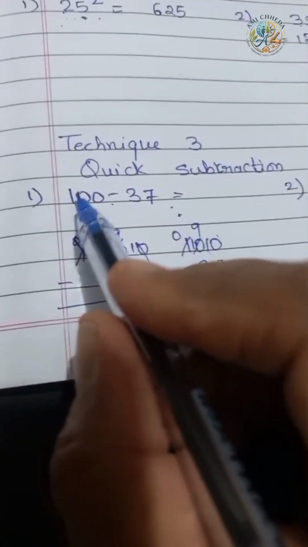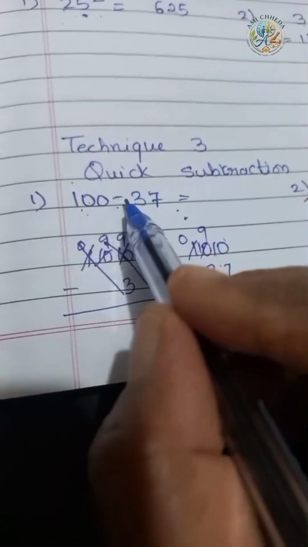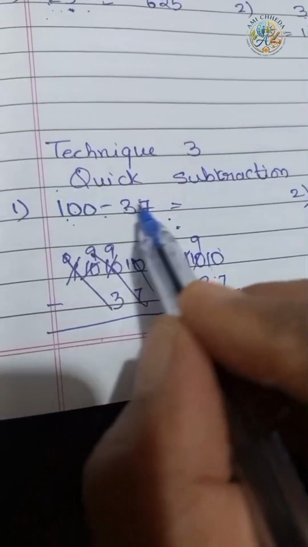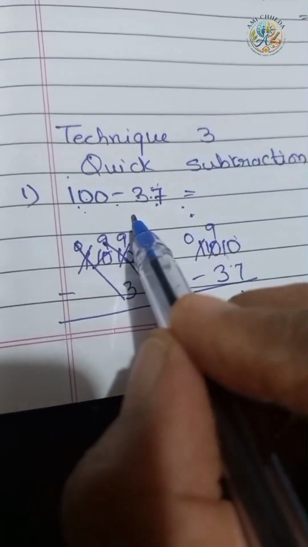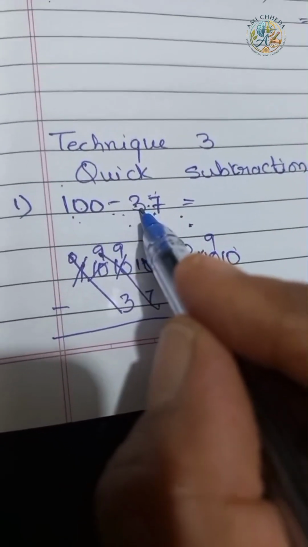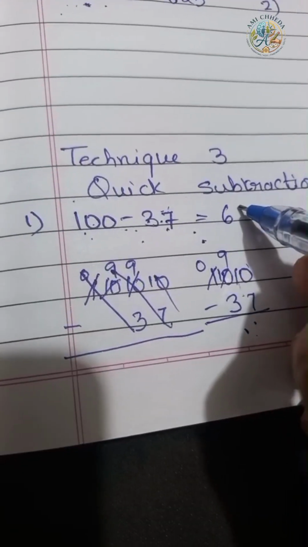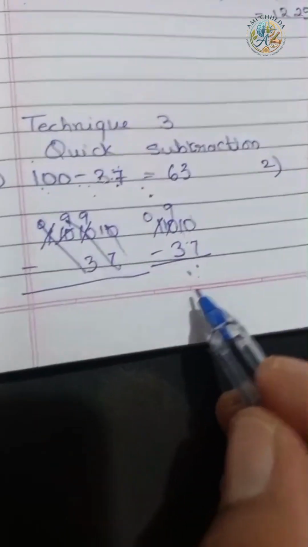When any number is 1 followed by zeros, subtract all digits from 9 and the last from 10. All from 9, last from 10. So 9 minus 3 is 6, and 10 minus 7 is 3. The answer is 63.